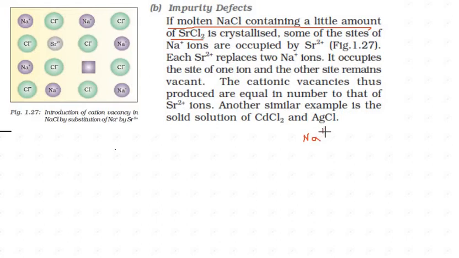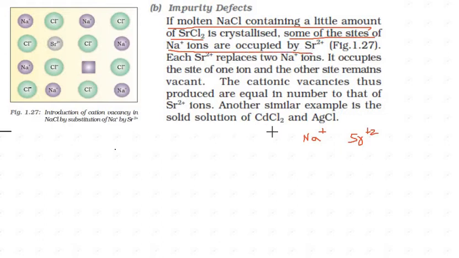What is monopositive? Only one positive charge is there, while you add Sr plus 2 as an impurity in the form of SrCl2. Sr has plus 2, so it is dipositive. Some sites of Na plus ions are occupied by Sr plus 2.